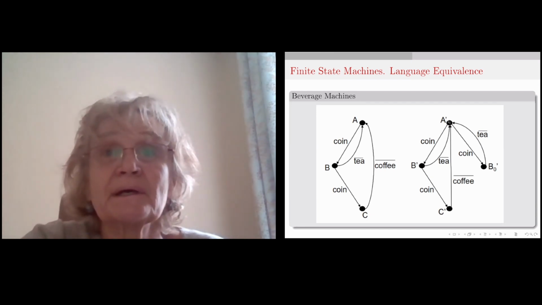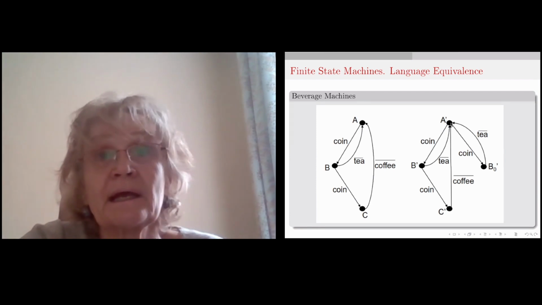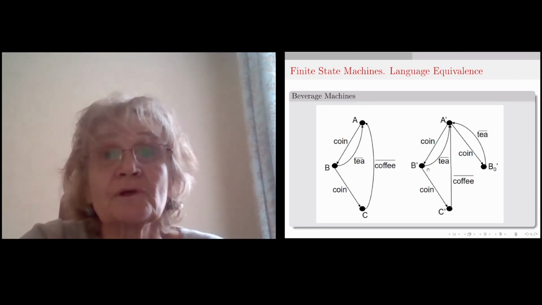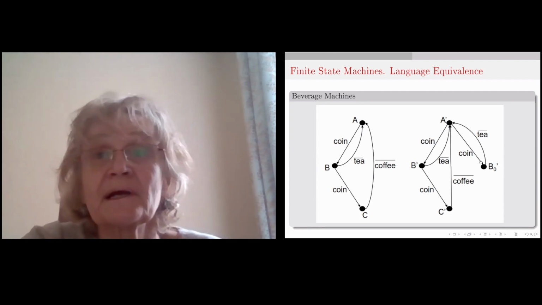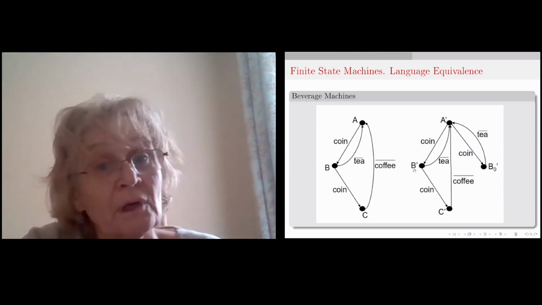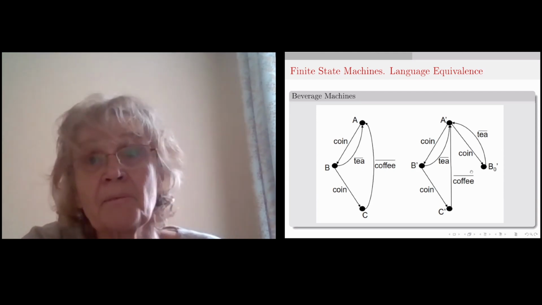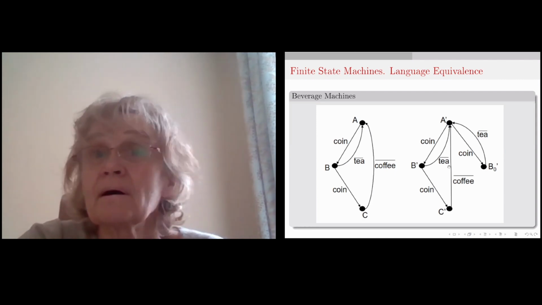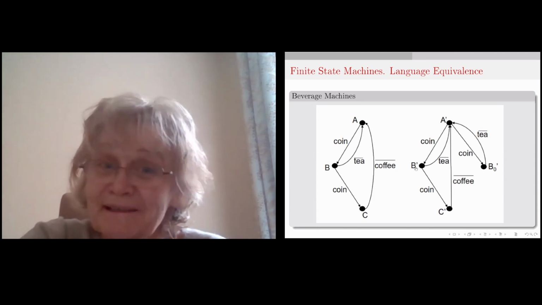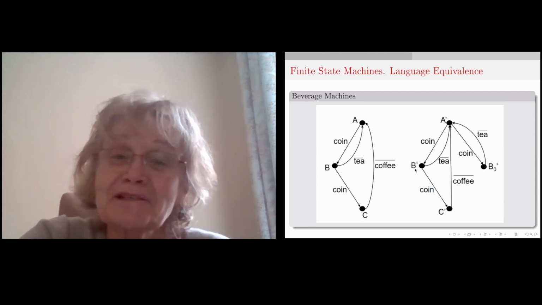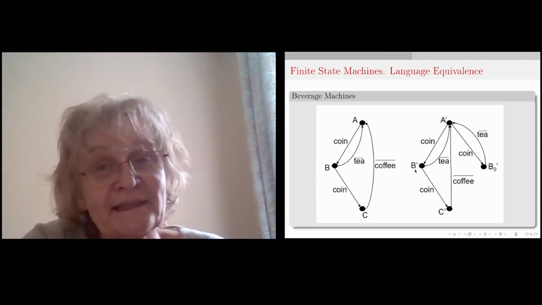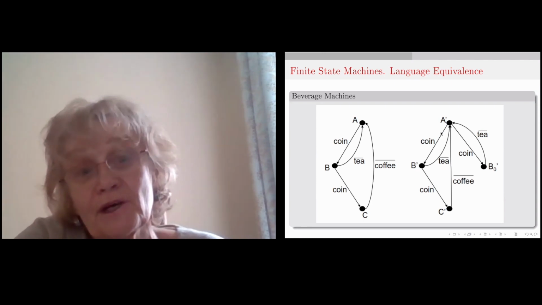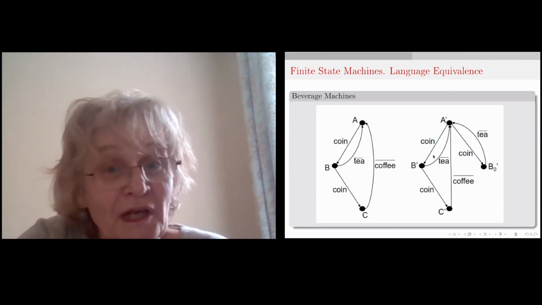To the right, there is another automaton, which has maybe a bit strange behavior. Being in the initial state A, we can insert a coin, and non-deterministically we come either to the state B prime or to the state B0 prime. And so the external observer doesn't see states, but he can see actions, what happens.